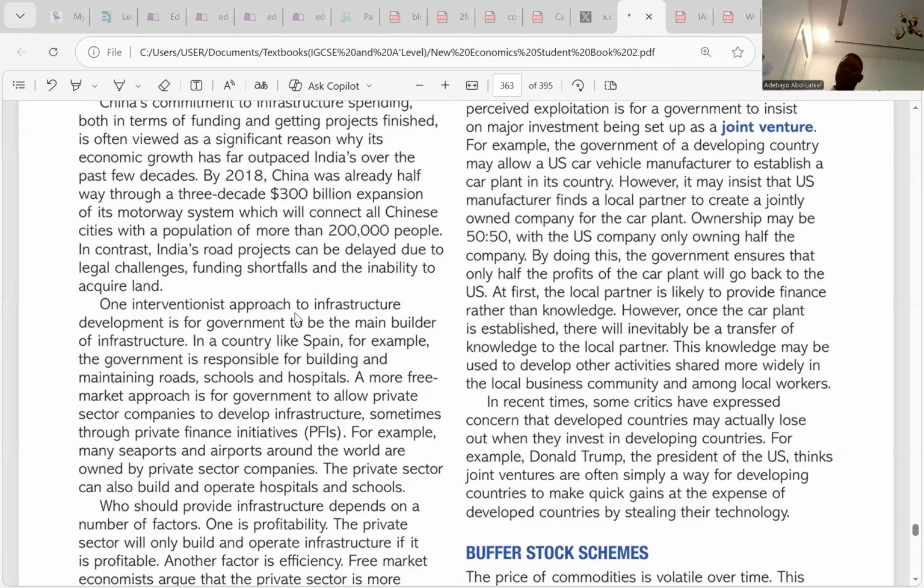So, the criticism about joint ventures is this: a firm from America is coming to Libya to set up a business. The government of Libya would not allow this business to set up unless it has a Libyan company partner.